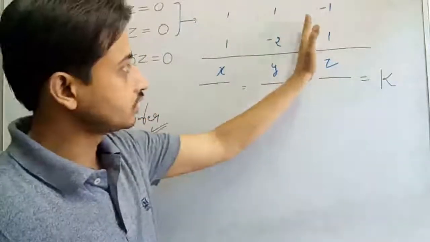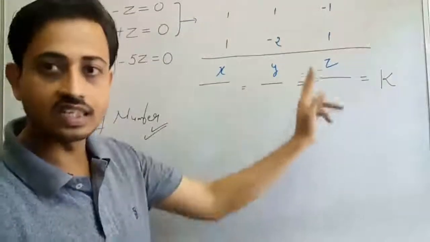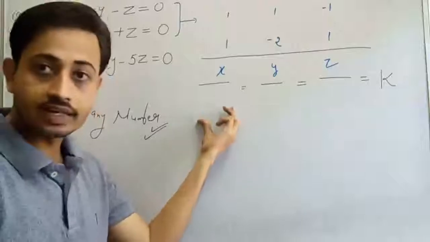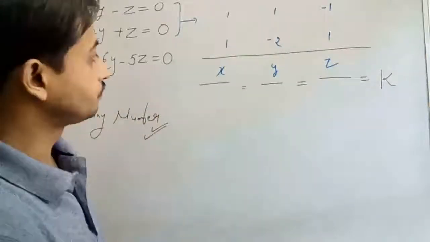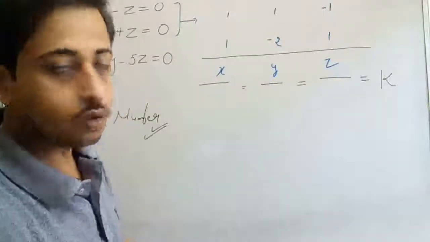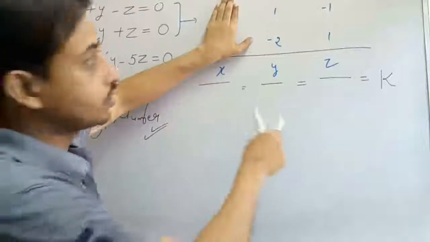So you write the coefficients, then you have to write x divide, y divide, z divide is equal to k. Now what do you have to write here? Please make a note. Firstly, you have to find the values of x. So hide the first column. What do you get?